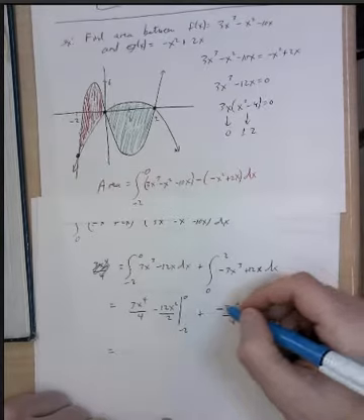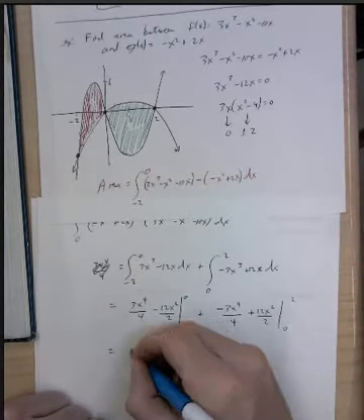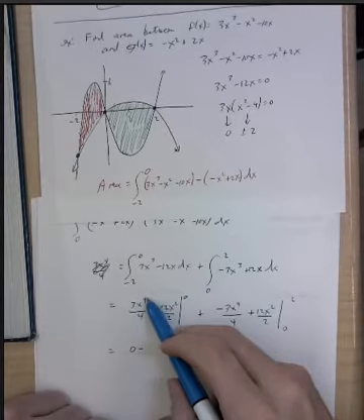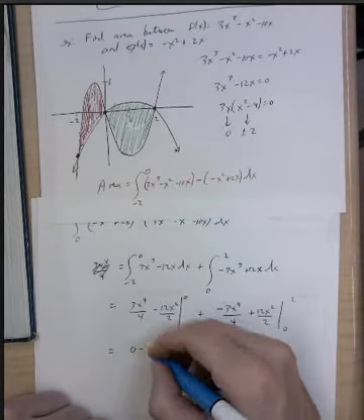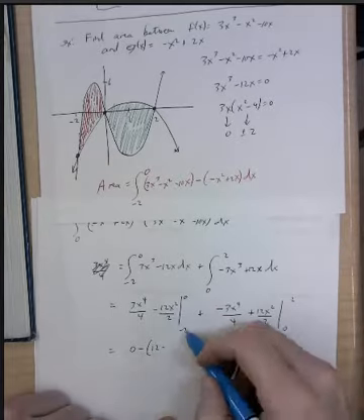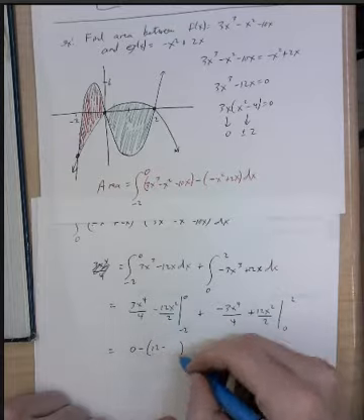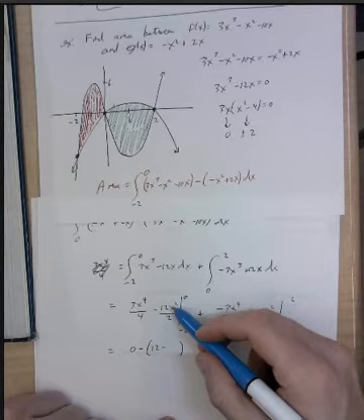So plugging in 0 first, we're obviously going to get 0, minus, plug in -2. So -2 to the 4th is 16. 16 divided by 4 is 4, times 3 is 12. Minus, and since we're putting -2 into both of these, we're going to make parentheses so we can distribute that negative sign. And put -2 into here, so that's negative 2 squared is 4 over 2 is 2 times 12 is 24.